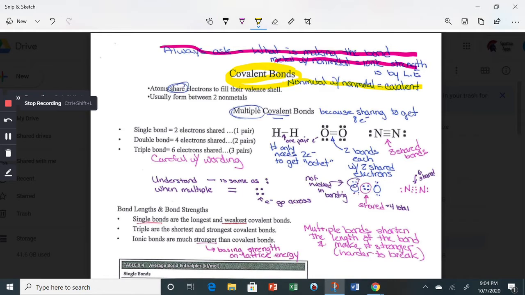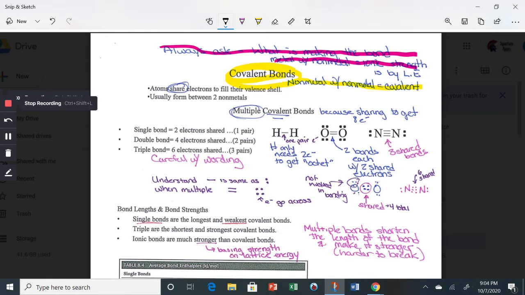There's a pull on them. Because they're sharing, you have different ways to share, depending on how many electrons a particular atom in the bond wants or needs to fulfill its octet. That's the big deal.